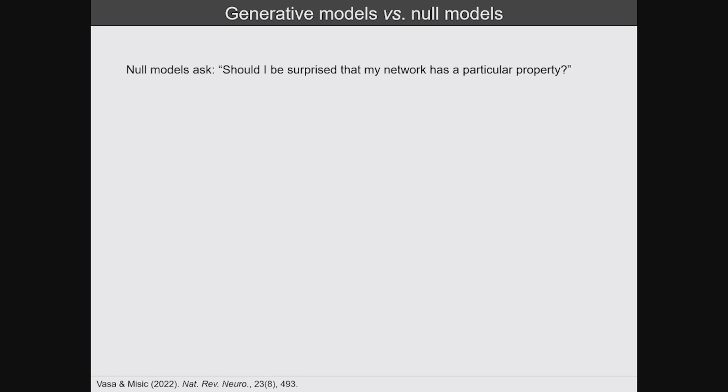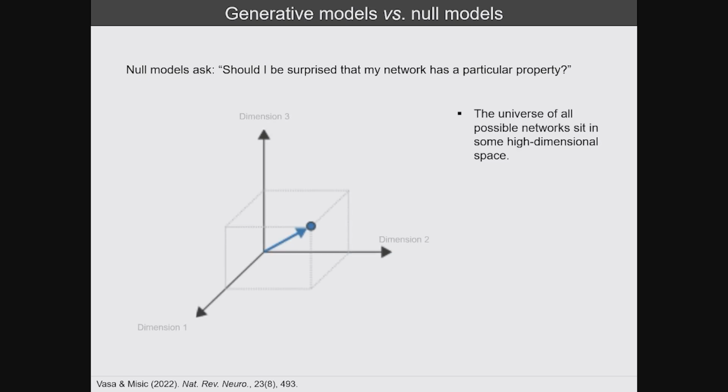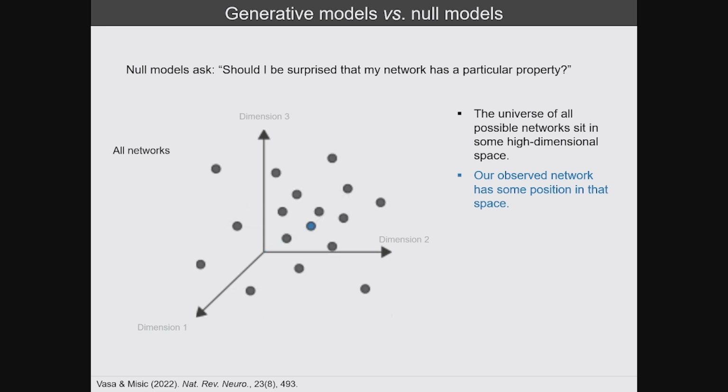And what null models do is they try to answer the question: should I be surprised in a statistical sense that my network has a particular property? So we can consider the space of all networks. They sit in some high-dimensional space. Our network occupies some specific position in that space. And around it are all of the other possible networks. When we're doing null modeling, we ask, do those networks have properties that are similar to ours?